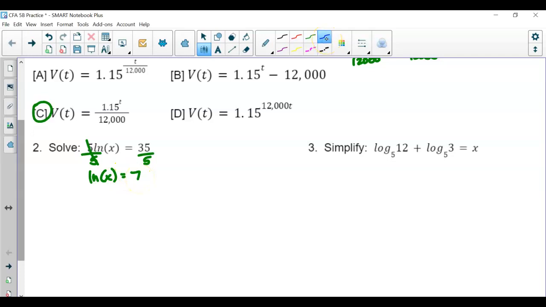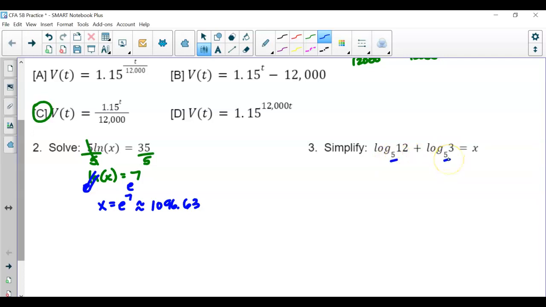Now we can do the inverse of natural log, which is E. So now when inverse operations cancel out, you get X is equal to E to the 7th power. Then you can put that in the calculator and E to the 7th power is approximately 1096.63.